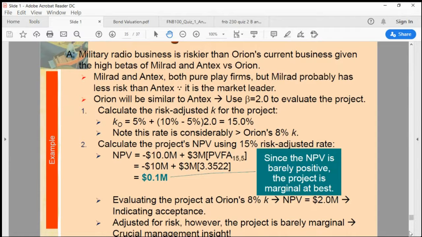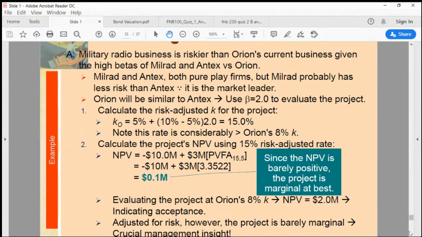So then the question is, do you take this project or not? And of course, the decision criteria is, as long as NPV is positive, you take it, accept the project.